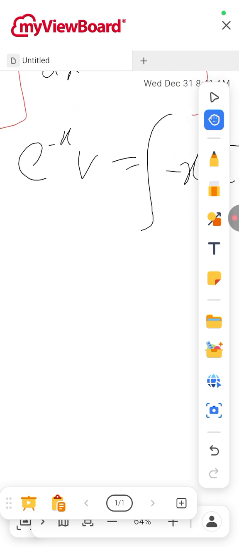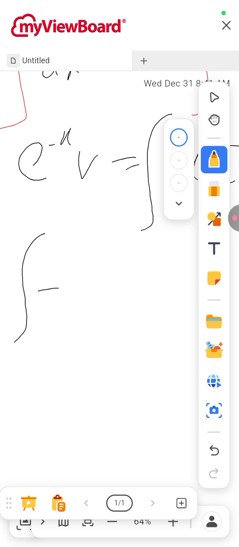So let me digress. I want to integrate minus x multiplied by e raised power minus x dx.